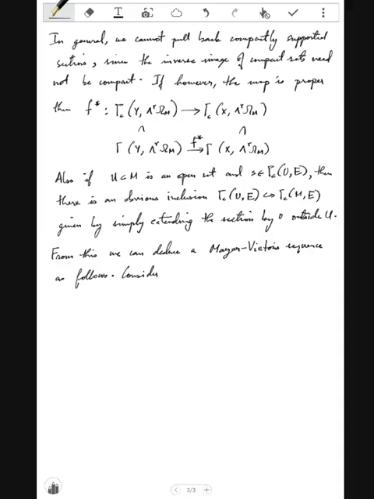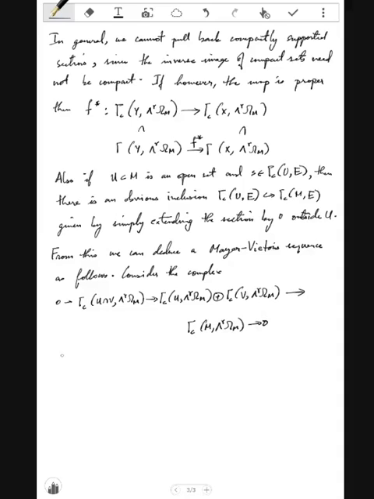Consider the complex. The first map is the diagonal extension by zero map.